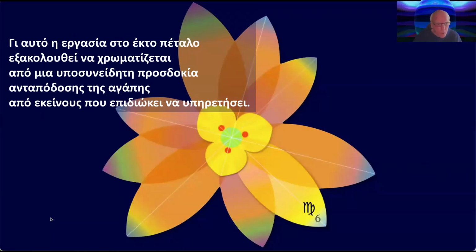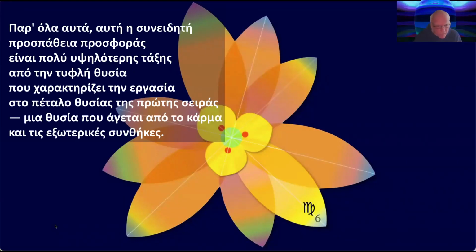And thus, work in petal 6 is still colored by an unconscious expectation for a return of the love from those one seeks to serve. Nonetheless, this conscious effort to give is of a much, much higher order than the blind sacrifice that characterizes work on the sacrifice petal of the first tier.